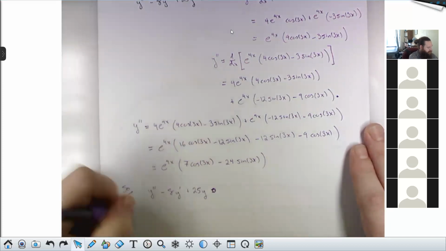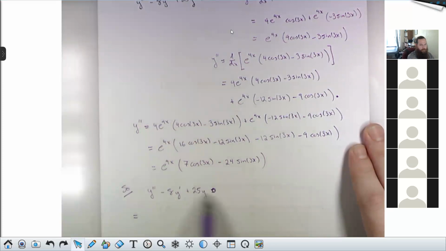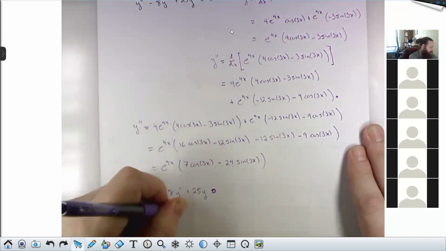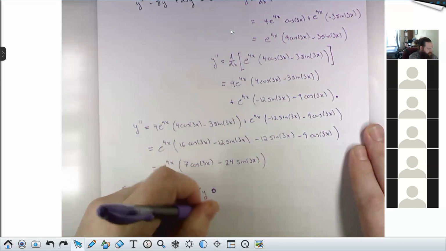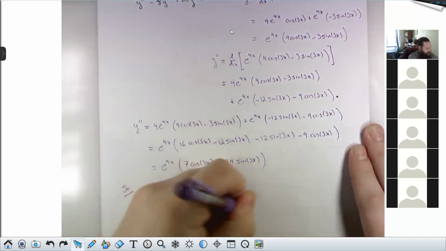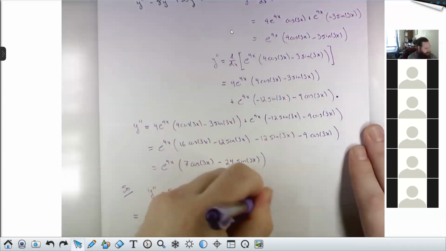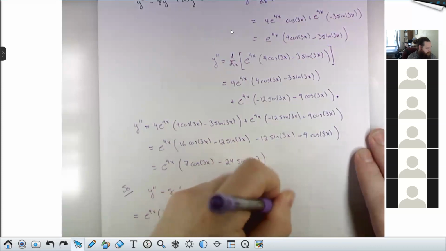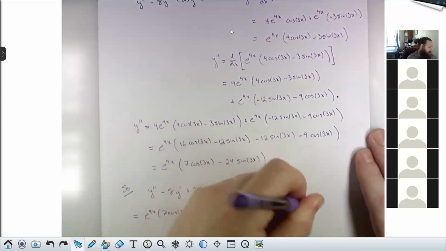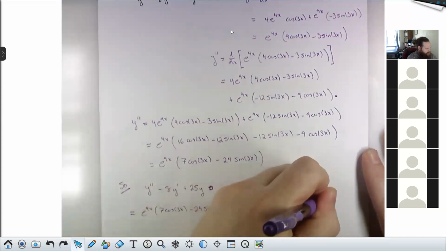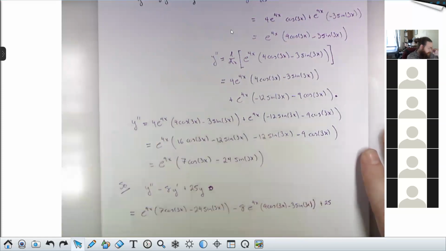Let me put that down here. So my differential equation, or at least the left-hand side of my differential equation, is equal to y double prime, that's this piece, minus 8y prime, so that's minus 8 times e to the 4x times 4 cos 3x minus 3 sine 3x, and then plus 25y, plus 25 e to the 4x cos 3x.